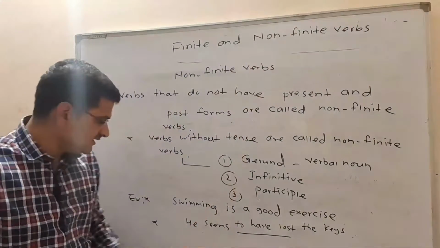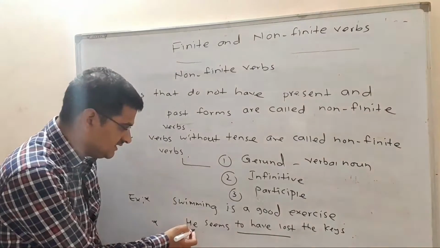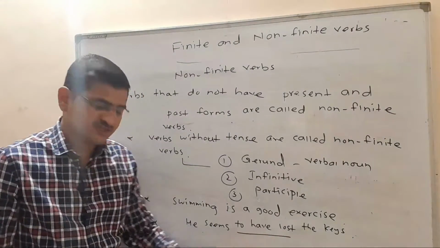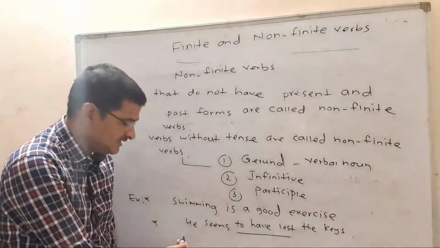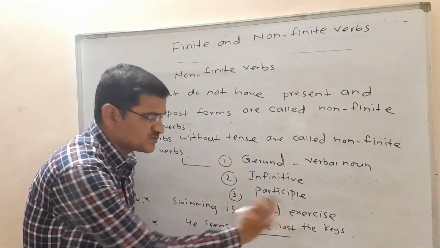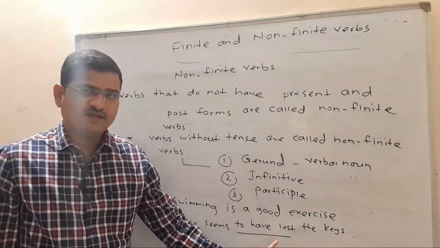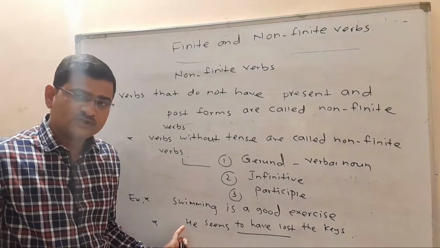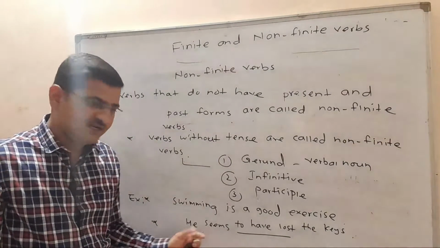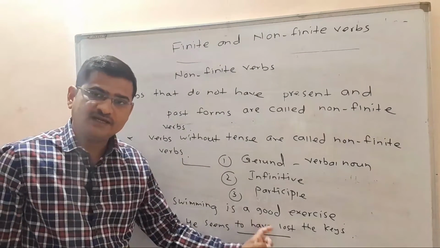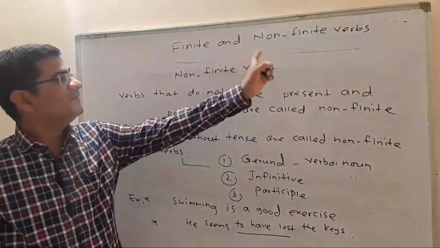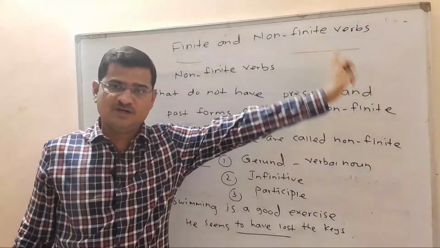If I use another subject instead of he, then also it is not going to change. If I use the subject they, they seem to have lost the keys. So according to the subject or number, it is not going to change. That's why it is also a type of non-finite verb.